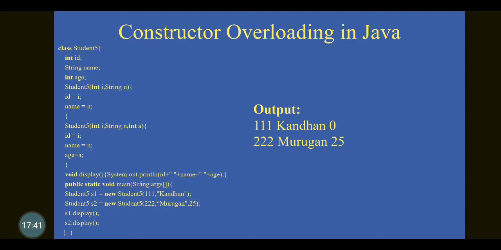This is called constructor overloading. So s1 will call the first constructor and s2 will call the second constructor. s1.display() and s2.display() will print the values respectively. As the age value is not sent for the s1 object, the default value will be 0, so 111 Karan and age 0 will be printed.